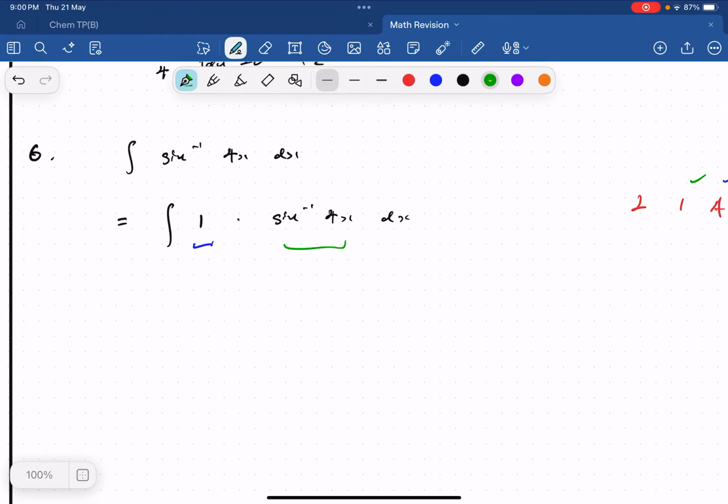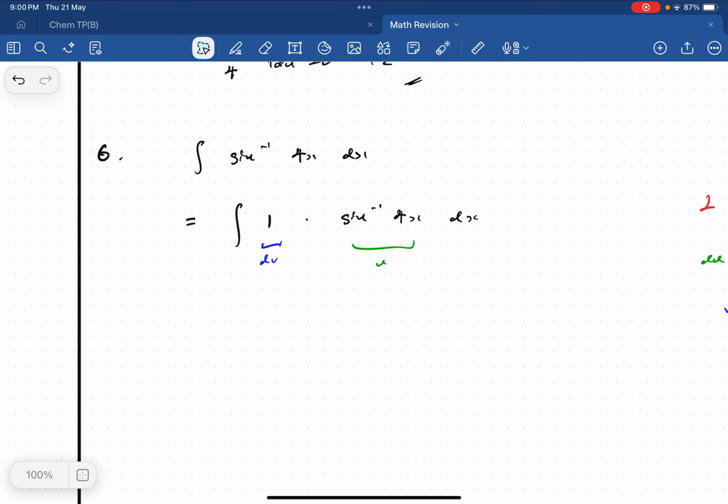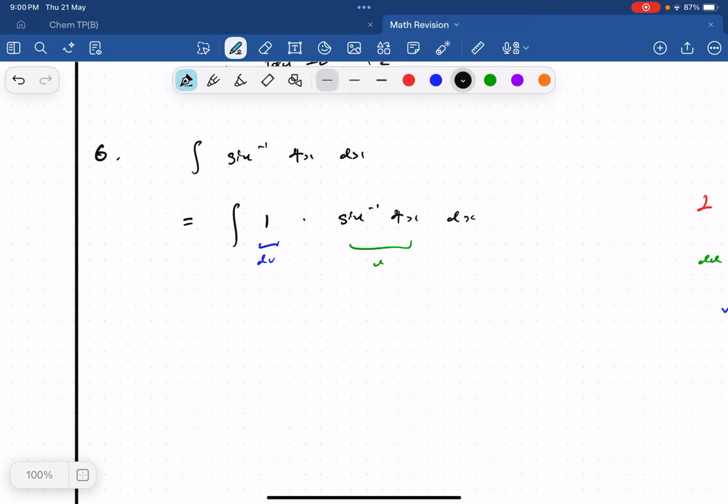My inverse trig is going to be the u, which means du is whatever the derivative of this is, we'll figure out later. And this is going to be my dv. If my dv is 1, my v is integrate 1 with respect to x, which is just x. Do you see the vision now?